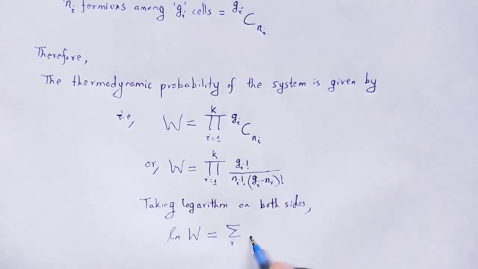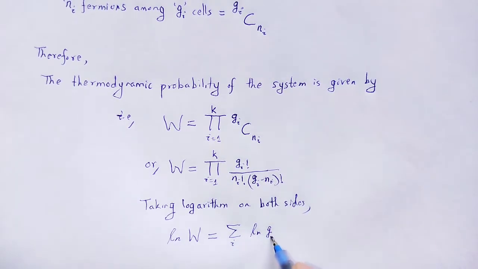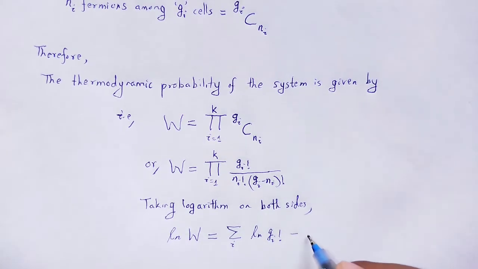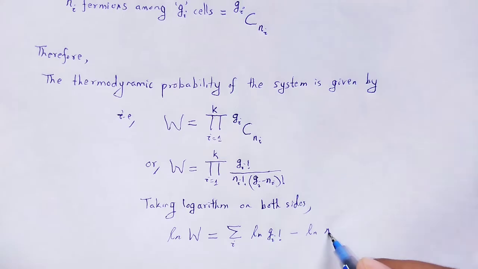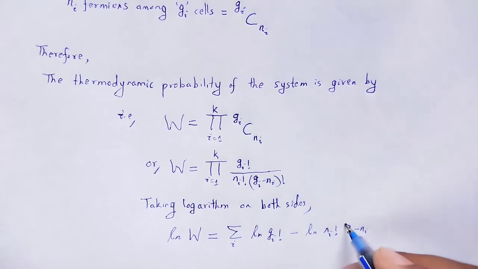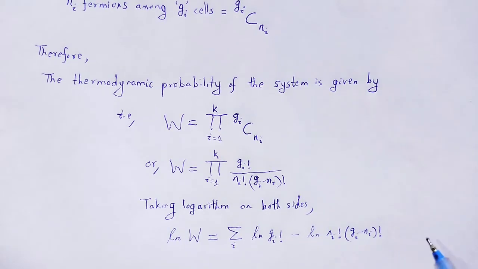So ln Gi factorial minus ln of Ni factorial into Gi minus Ni factorial.